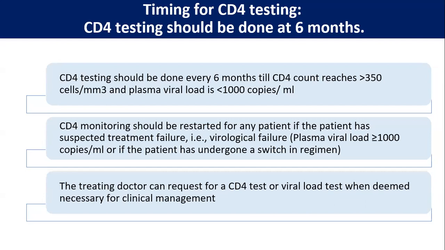And it can be restarted by the treating physician if the patient has a viral load of more than 1000 copies per ml, or if the CD4 cell count goes down below 350. And even if the plasma viral load is suppressed, for clinical reasons, the treating physician can restart CD4 monitoring.